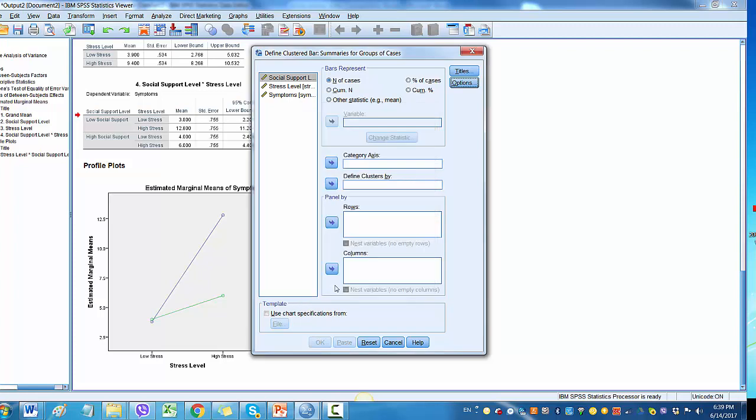Continue. Actually here we are going to use the mean scores from these variables. Actually this should be the symptoms, because we want to see the symptoms based on social support, and then define clusters by the level of stress.